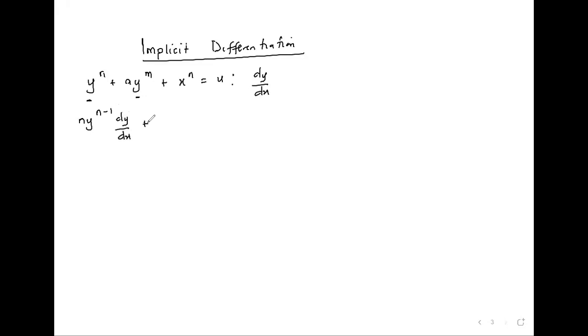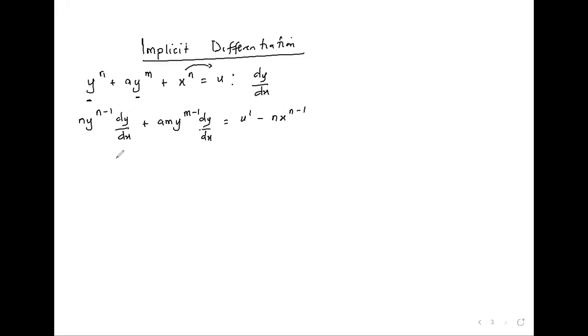Plus, I'll do the same to the next one: a m y^(m-1) and then dy dx. And then I'll differentiate u, minus I differentiate x. Notice as I'm differentiating x, I've taken it to the other side already because on the left I'm looking for all those that have dy dx.